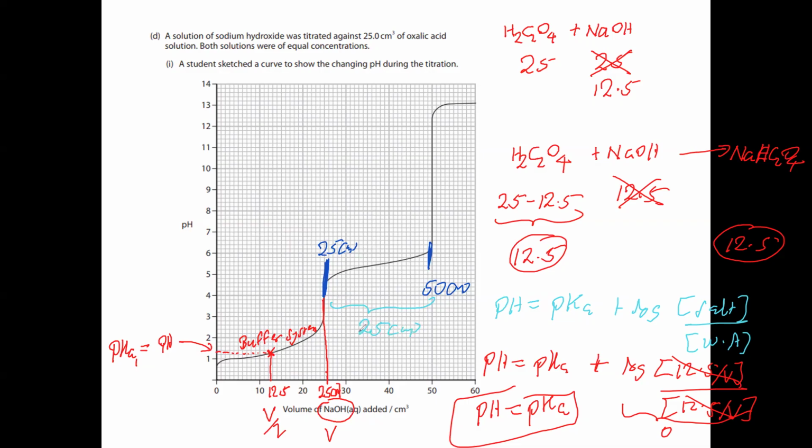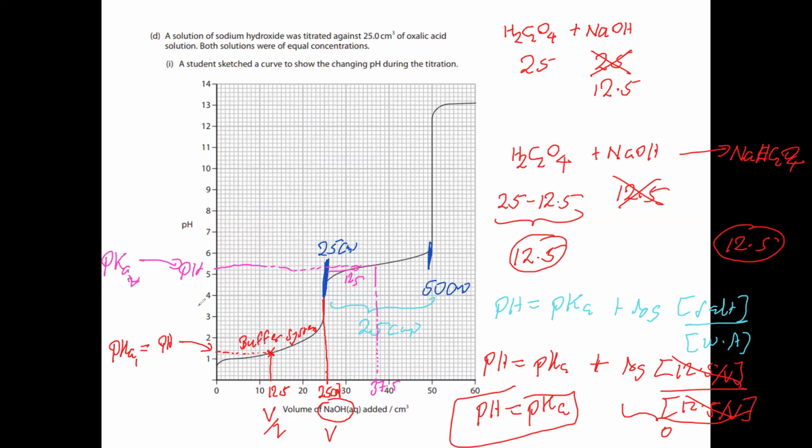Half of it, 25 divided by 2, is 12.5. If you add another 12.5 to 25 to find the midpoint, we get 37.5. That's the next half neutralization point. At 37.5, if you read the pH value, according to this equation, that equals the pKa2 value.